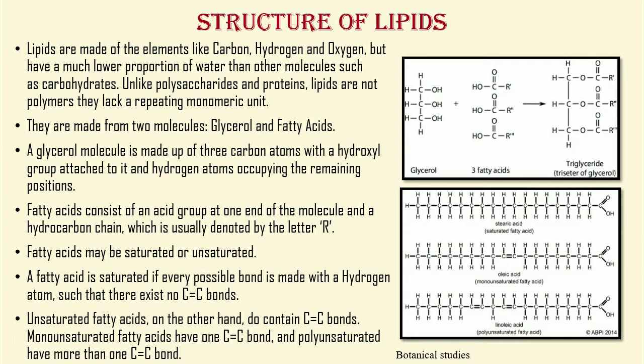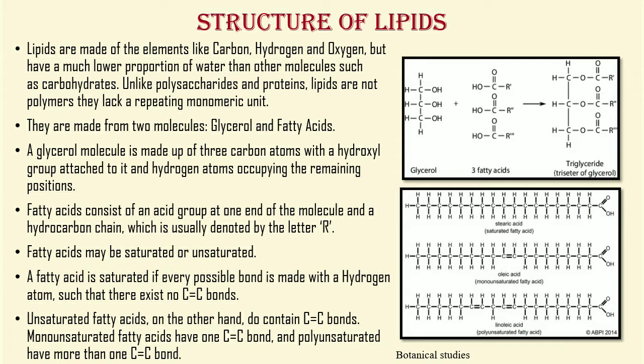A glycerol molecule is made up of three carbon atoms with a hydroxyl group attached to each and hydrogen atoms occupying the remaining positions. Fatty acids consist of an acid group at one end of the molecule and a hydrocarbon chain, which is usually denoted by the letter R. The fatty acid may be saturated or unsaturated.